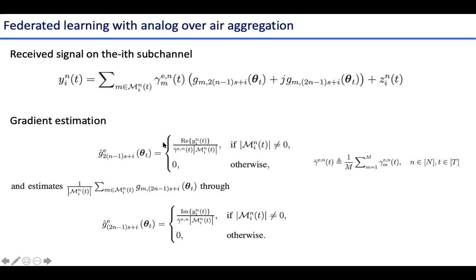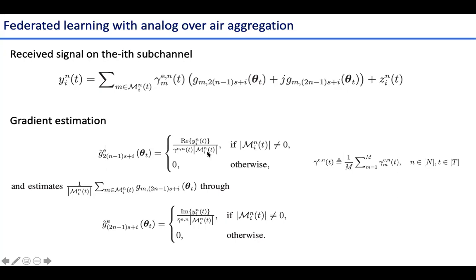But the average one will still give a good estimate according to the paper. Under some assumptions and constraints, this value is still a good estimate of the exact gradient.